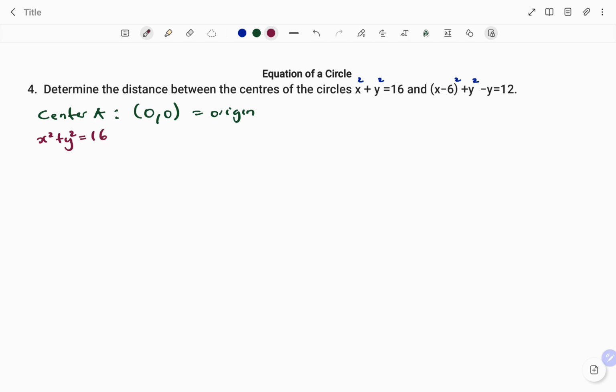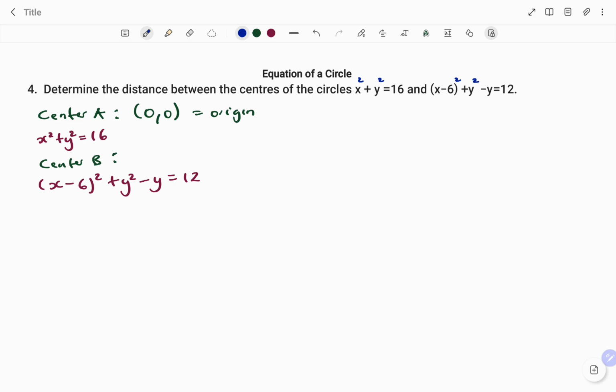If we go to the other circle at center B, the equation of that circle is x minus 6 all squared plus y squared minus y equals 12. To find the center of the circle, we're going to apply what I call completing the square, because we can see that the center is not at the origin.